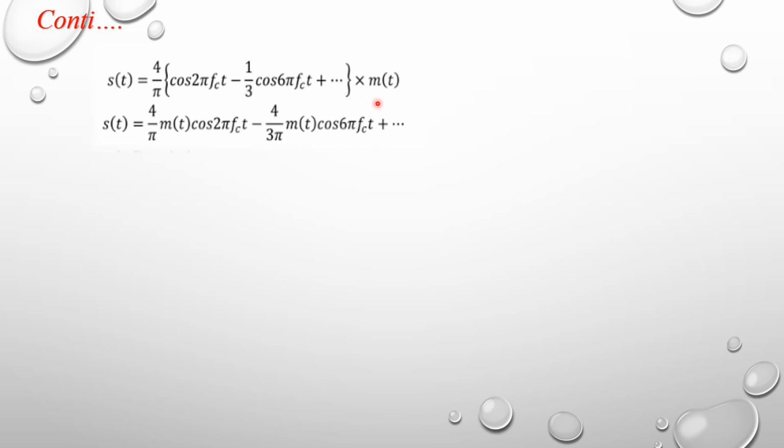Expanding the equation, s(t) is equal to 4 divided by pi into m(t) cos 2 pi fc t minus 4 divided by 3 pi into m(t) cos 6 pi fc t plus odd harmonics. This is the time domain equation for the ring modulator.